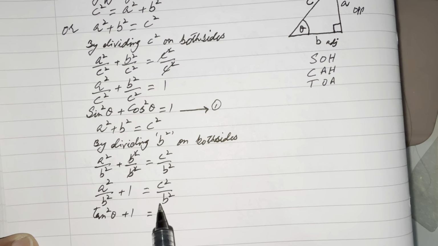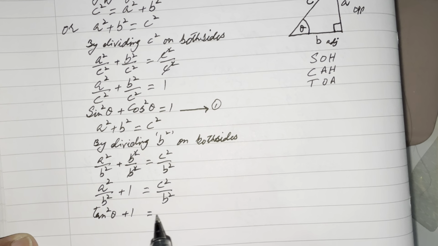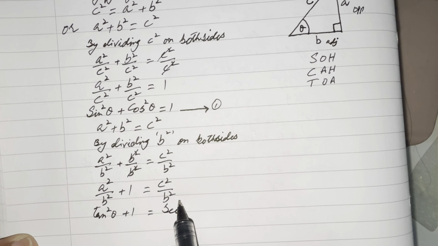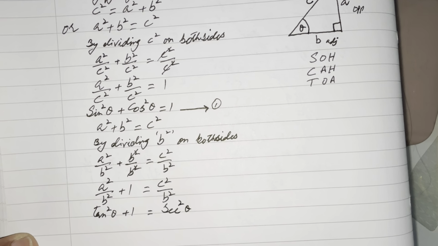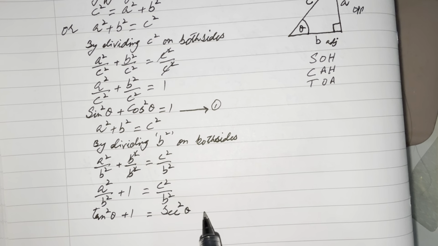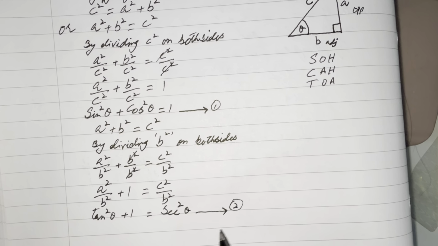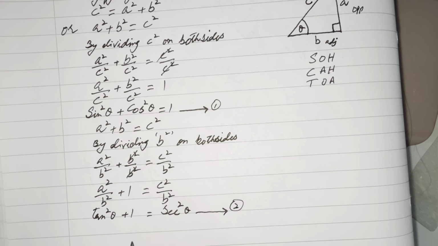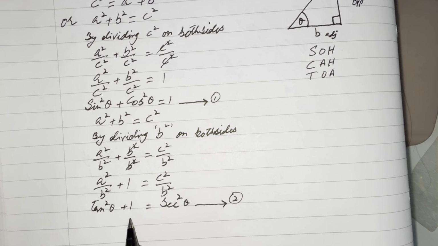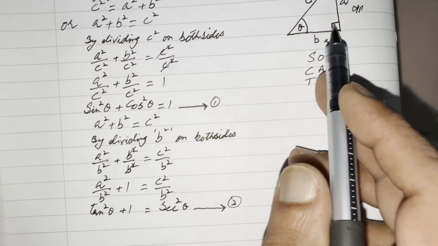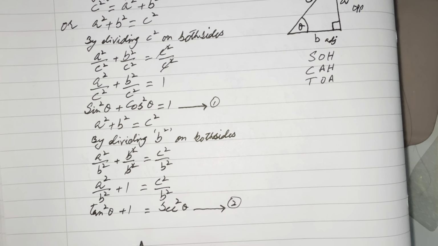So c square over b square will be equal to secant square theta. So that's the second fundamental identity that we have found with the help of this right angle triangle.